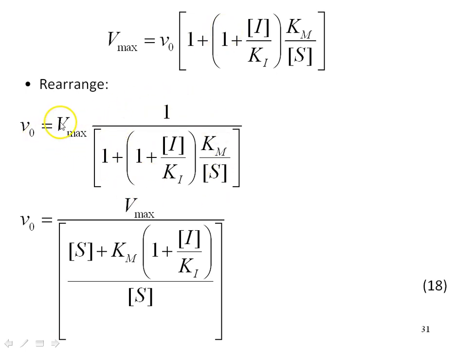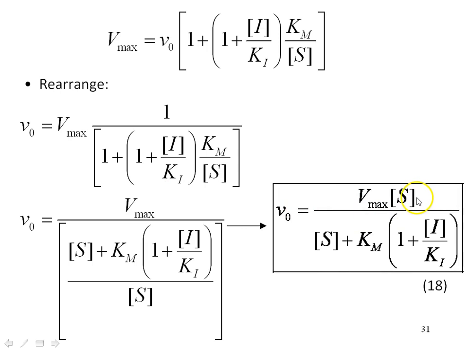So V0 is equal to Vmax times 1 over this squared term. If I want to simplify this further, I can divide 1 by S, so it's S by S plus this, and I take S as a common denominator, to get this equation.